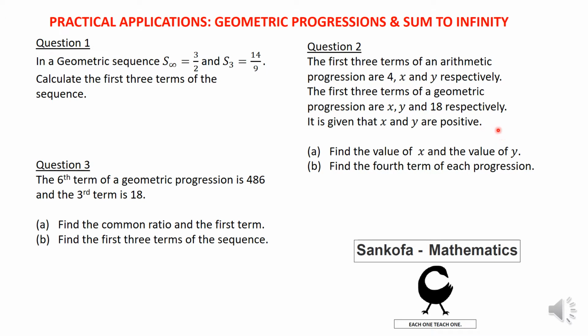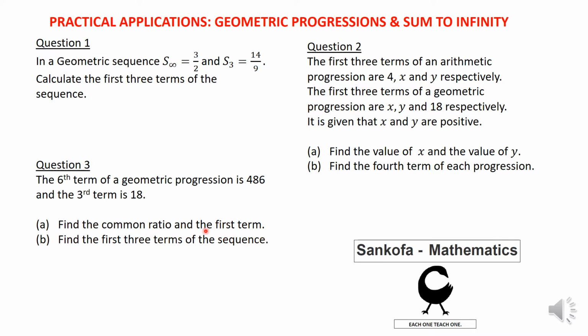Then question 3: the sixth term of a geometric progression is 486 and the third term is 18. So this involves creating simultaneous equations, because for part A you are supposed to find the common ratio as well as the first term.